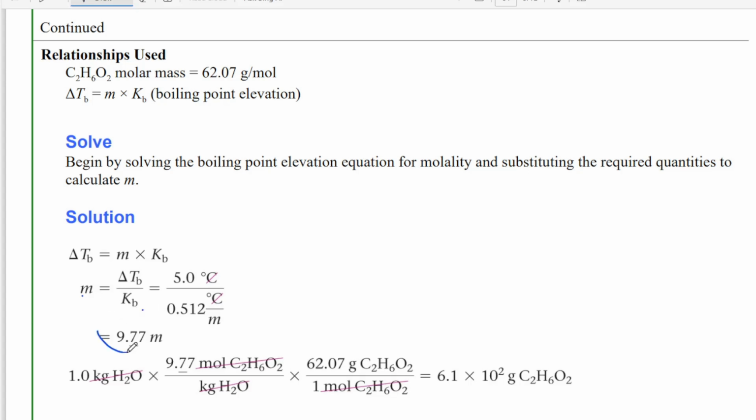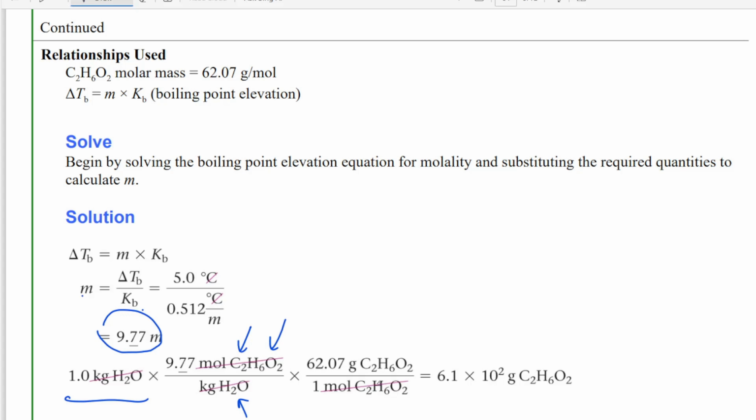So the molality is 9.77 molal. Now, we had 1 kilogram of water, and we learned that the molality is 9.77 moles of ethylene glycol per kilogram of water.